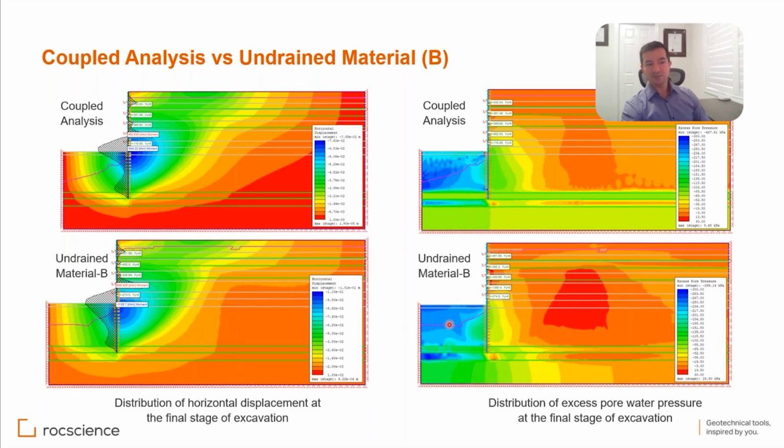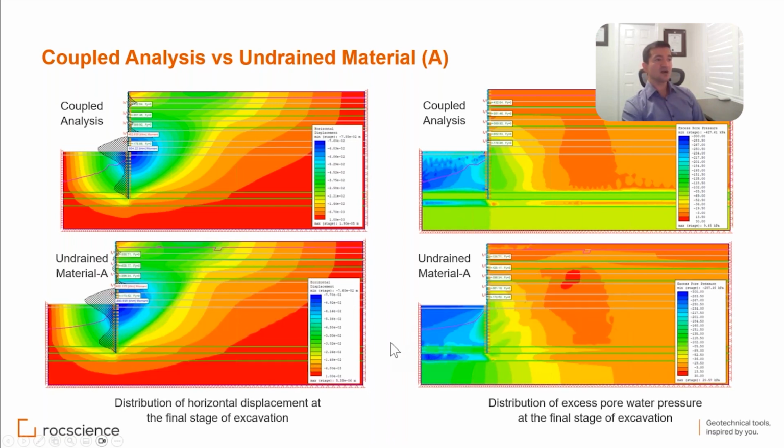This one is handling it better, it looks like. Now, in terms of displacement, you can see again the same pattern and also support forces you see here. Let's go to the final. We are looking at undrained A. Again, very similar pattern for the excess pore water pressure here. And this time, actually, the displacements are closer in value.